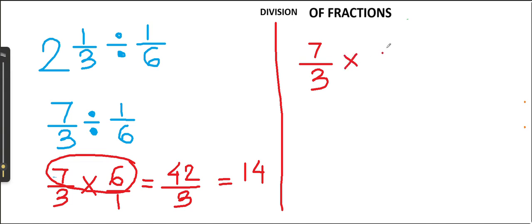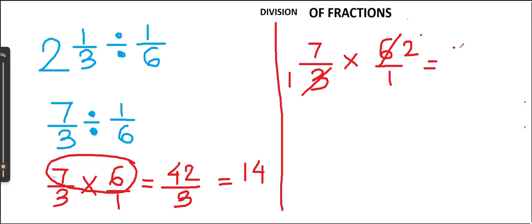7/3 times 6/1. So 6 is divisible by 3. 3 times 1 is 3. 3 times 2 is equal to 6.